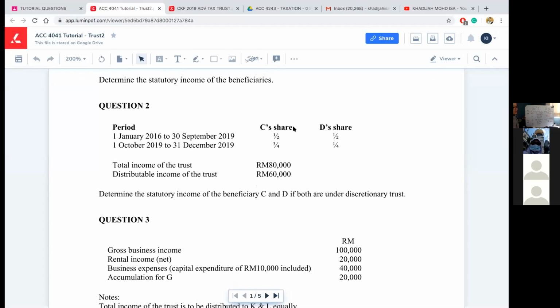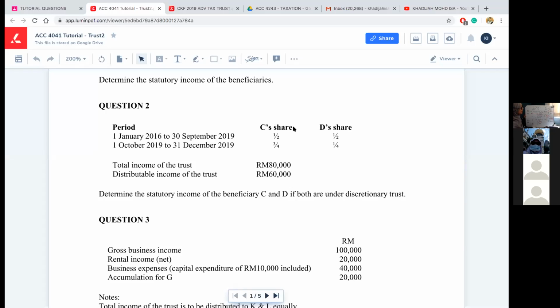Why? The lower of. They're discretionary. So for C, you first determine the total income for the whole year: period 1 is 30,000, period 2 is 15,000, so total income for C is 45,000. But distributable income is 22,500 plus 11,250, so total 33,750. Because it's a discretionary trust, your statutory income for C is 33,750, which is the lower of total income and DI.